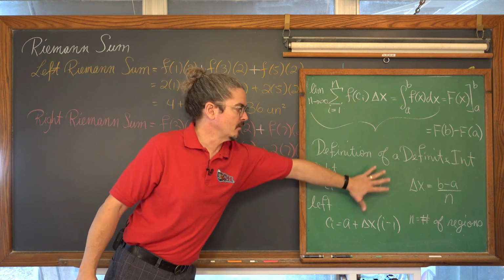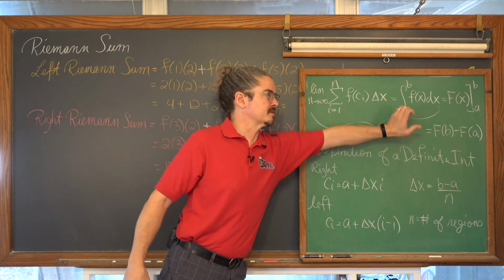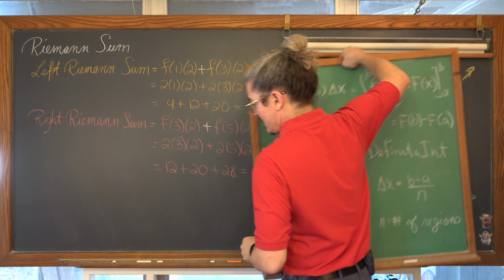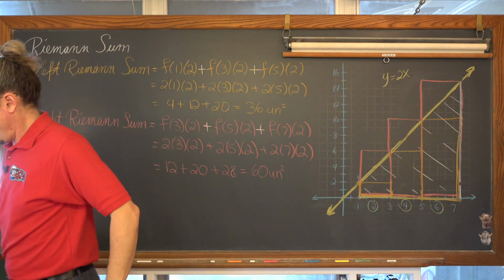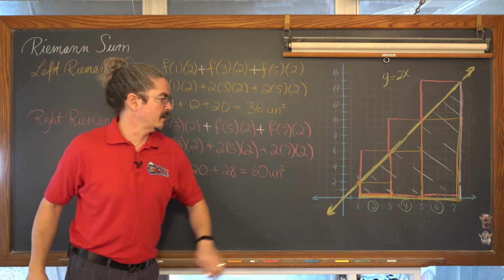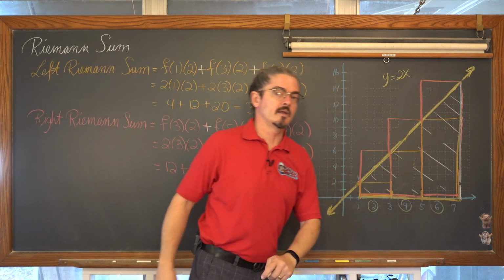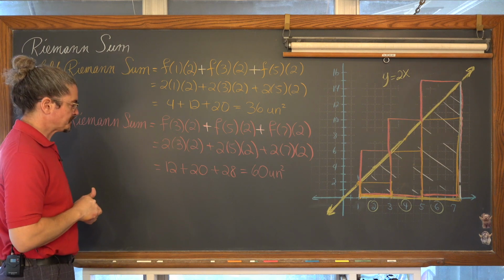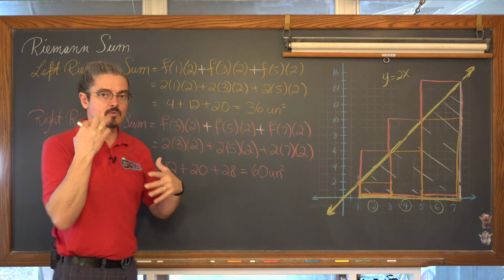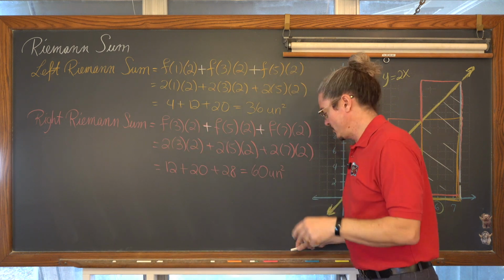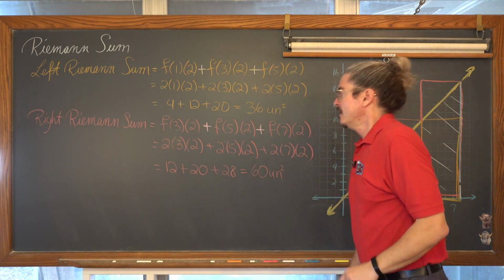Even though we didn't know any of this fancy looking notation when we were told to estimate the area between y equals 2x and the x-axis between the regions of 1 and 7. So that's the idea of left and right Riemann sum, and how that work can help you recreate some parts of that definition if you happen to have forgotten some little bit of it.